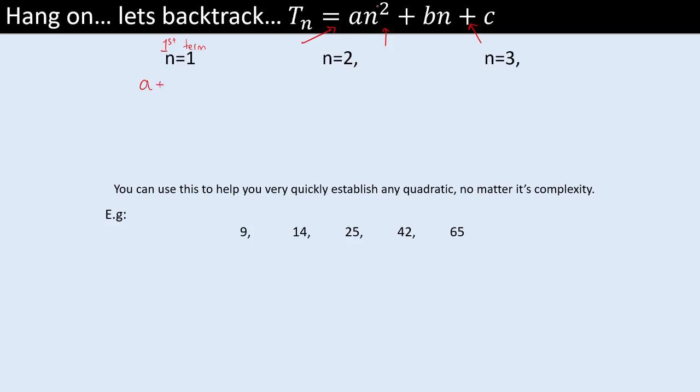Plus 1 times b is b, plus c. What about when n is equal to 2? Well, when n is equal to 2, I would have 4, because 2 squared. I'd have 4a plus 2 times b, 2b, plus c.